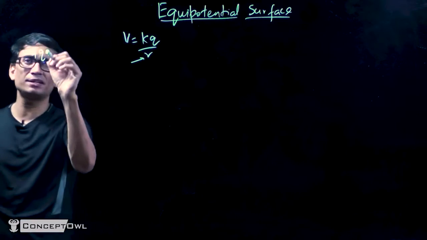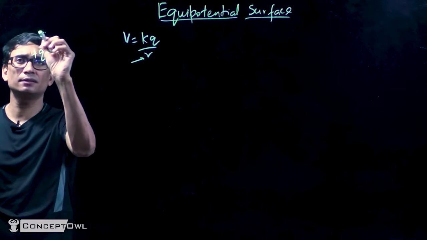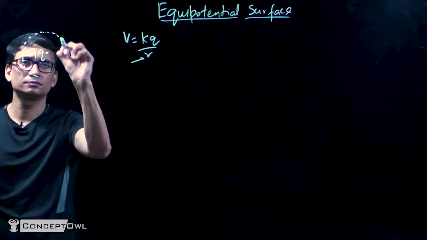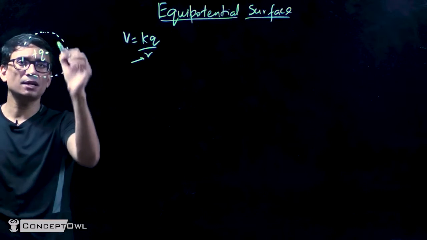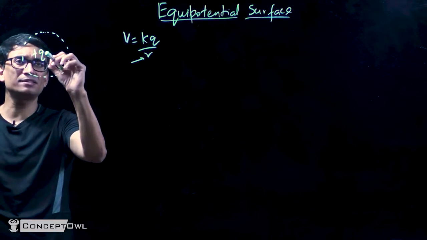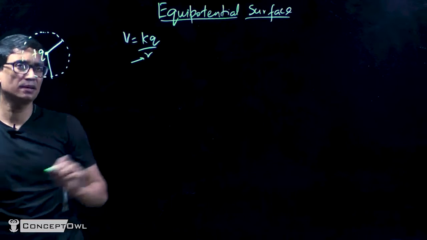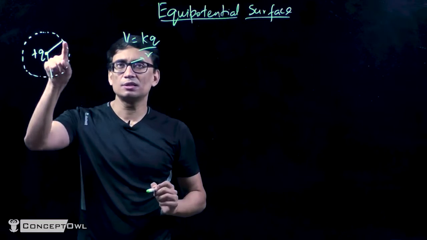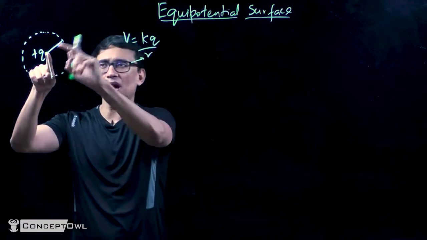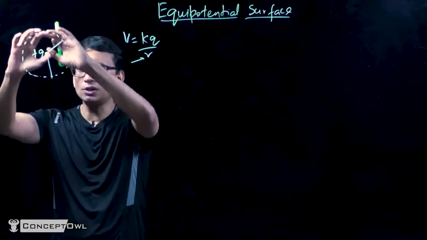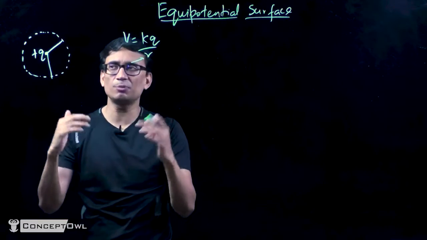Let me show this. In this sphere all the points have the same distance from here, so the potential would be KQ upon R, KQ upon R, KQ upon R and so on. All these points constitute an equipotential surface.